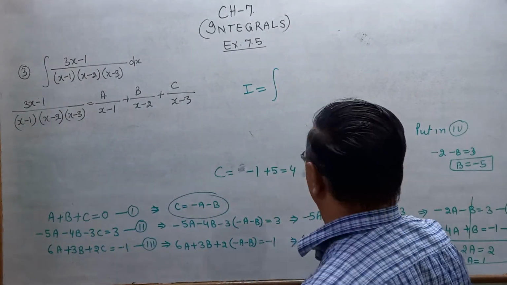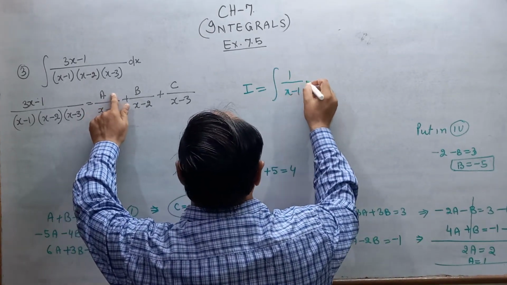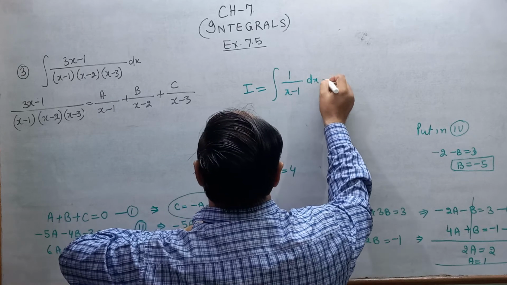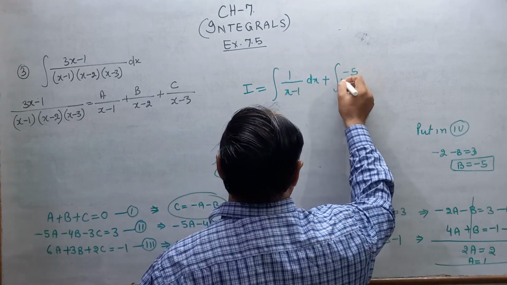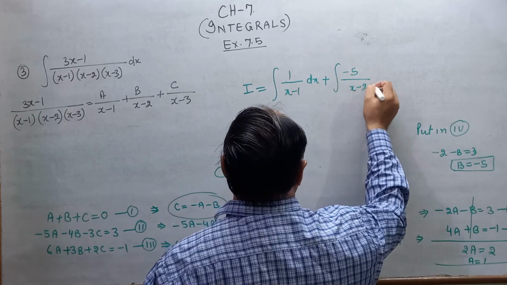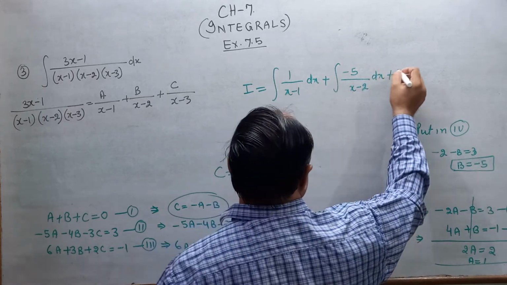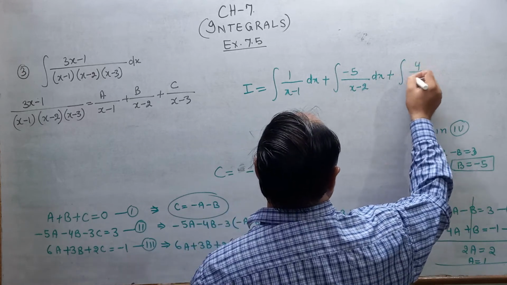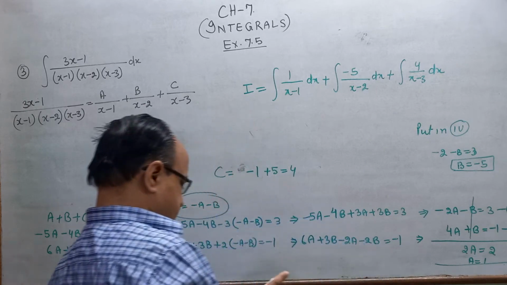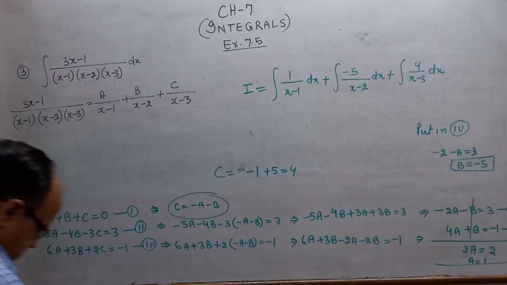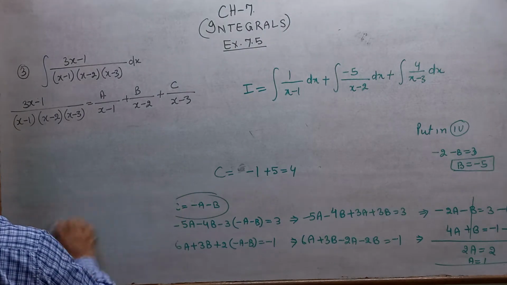A you know 1, so you can write integration 1 upon x minus 1 dx plus integration minus 5 upon x minus 2 dx plus the value of C, you know, 4 upon x minus 3 dx. These are the values of A, B, C.